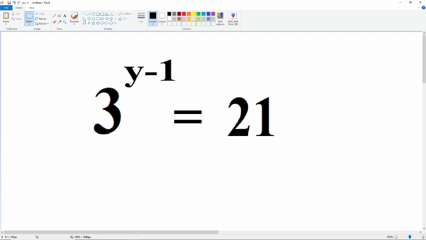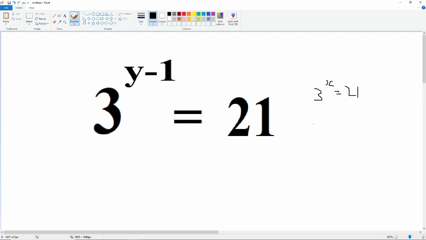Okay, so this is our problem. 3 to the power y minus 1 is equal to 21. So let's see if we can make this problem a little bit easier to solve by having it in the form of 3 to the power x is equal to 21. Because that's a bit easier to solve, isn't it?